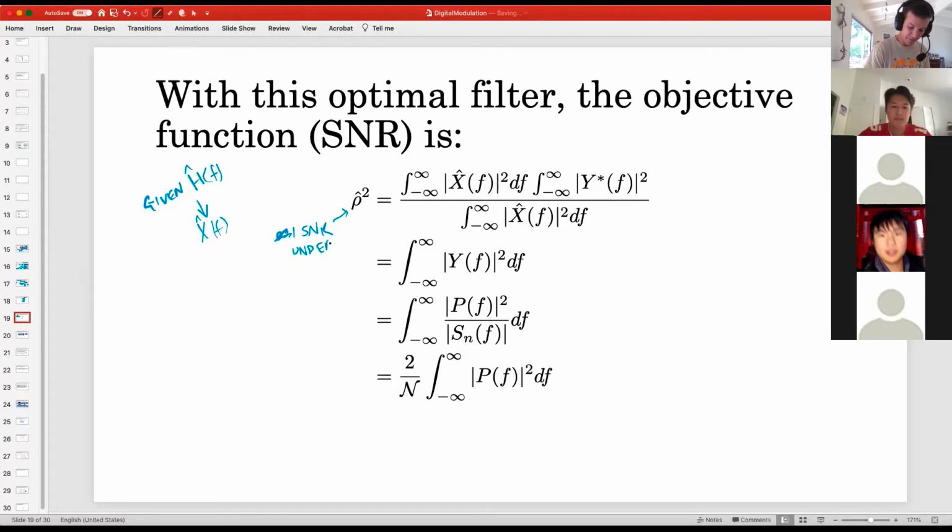How about that? I've hesitated to call this the SNR, but that's actually what it represents, because I think a lot of people think of SNR as being measured at the receive antenna. But this is not that, right? This is the SNR of filtered signals.